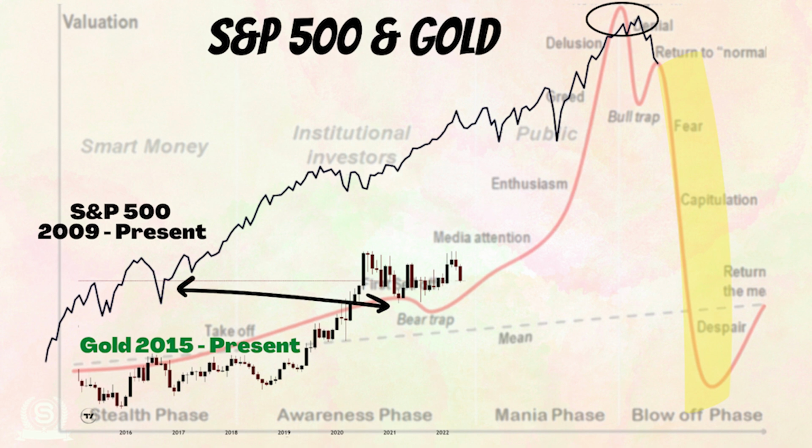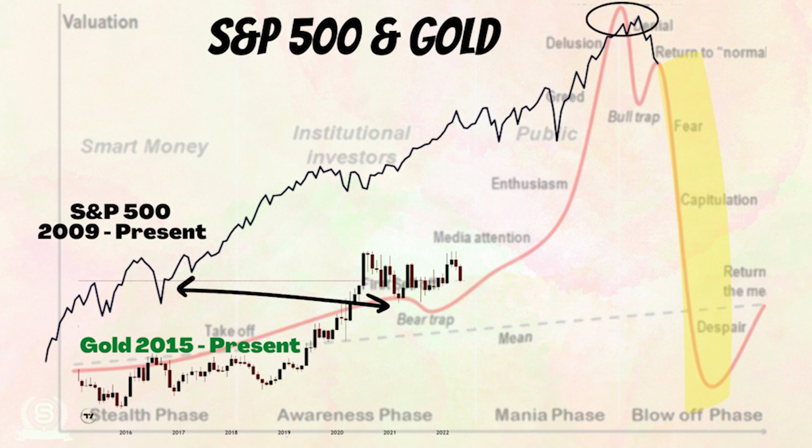But I think what we're seeing here, and as I show in the next slide, I've tried to overlay the S&P 500 and the gold markets. So the S&P 500 from 2009 to present. I have that double arrow there for you to see where that bear trap occurred. And in some ways, you can almost argue that that bear trap occurred twice.